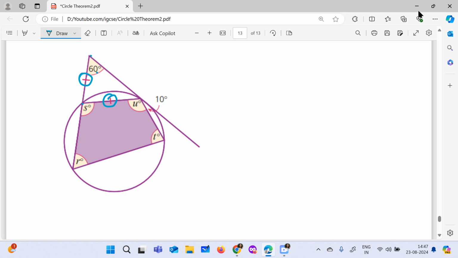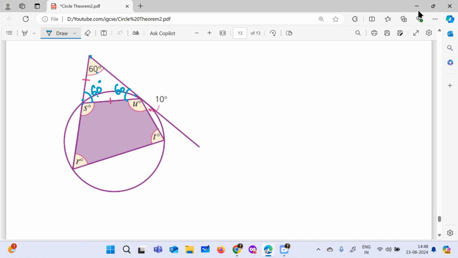Since this is 60-degree, and because of this marking, we understand that this is an isosceles triangle. So if this is 60-degree, then this is also 60-degree. And if two are 60-degree, obviously this is going to be 60-degree. Now if you follow the linear pair theorem, the sum of the angles on a line is 180-degree.